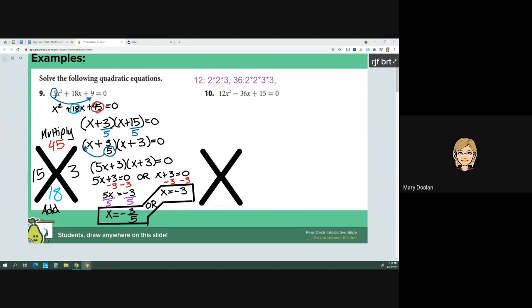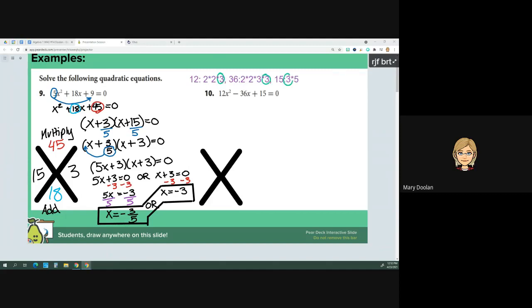And 15's prime factorization is 3 times 5. So what factor do all three numbers have in common? 3, yeah, so there's a 3 right here, there's a 3 here and 3 here.